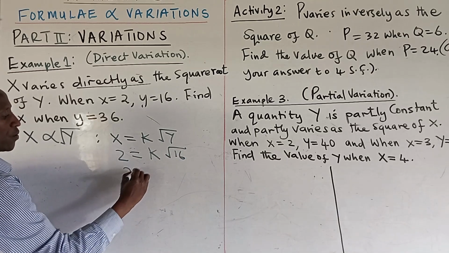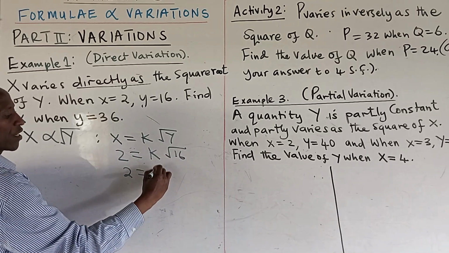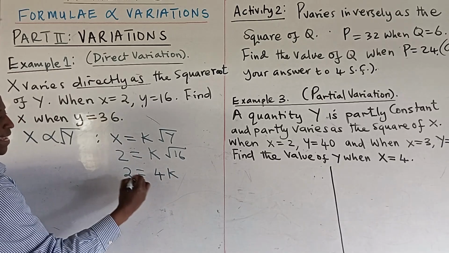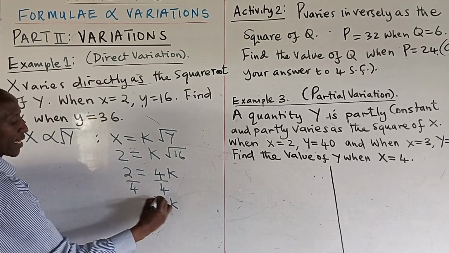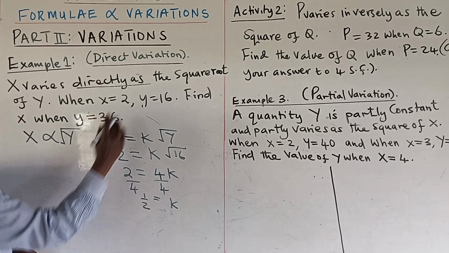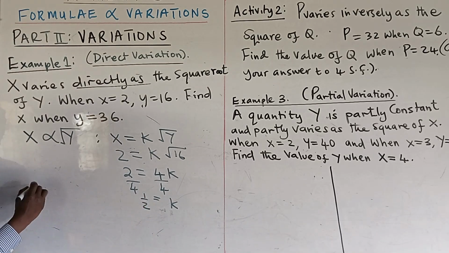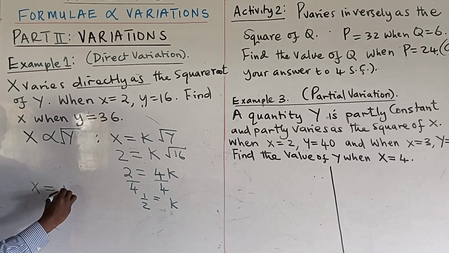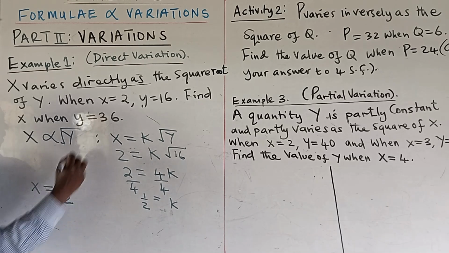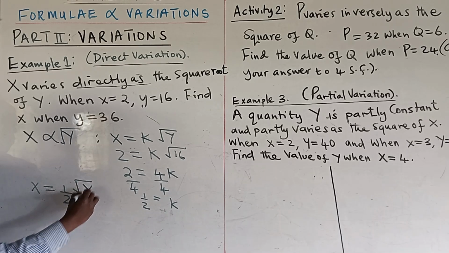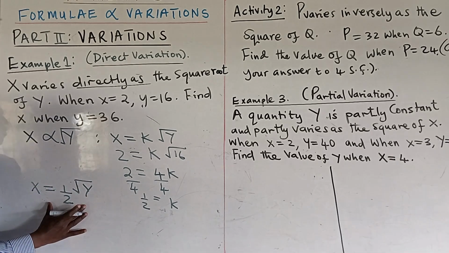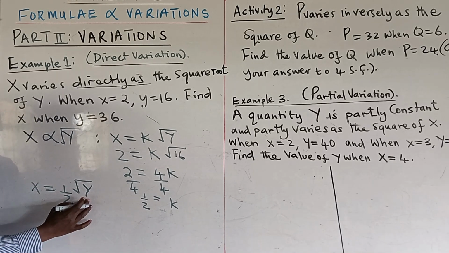That means 2 is equal to, square root of 16 is 4, and then multiply by k. We divide by 4 on both sides, and we shall get that k is equal to a half. Now that means we bring in the equation x is equal to a half square root of y. So this is the equation that connects x and y.